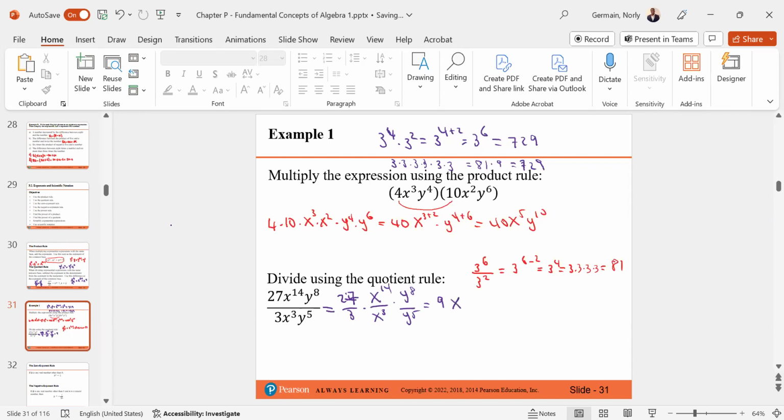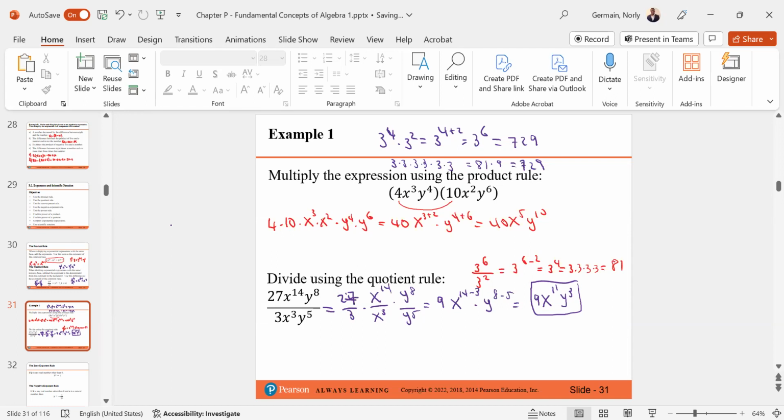Remember, x to the power 14 minus 3 times y to the power 8 minus 5. So it gives you 9 x to the 11 times y to the third. Right? You okay with that? Great.